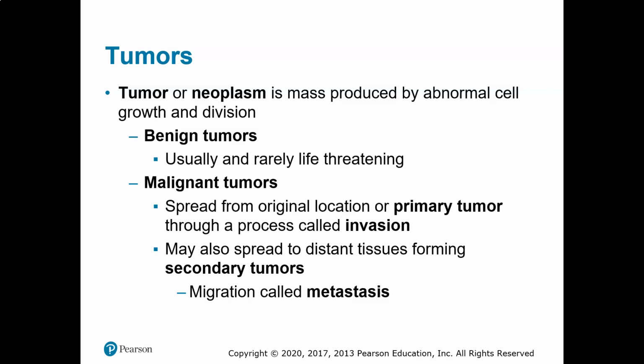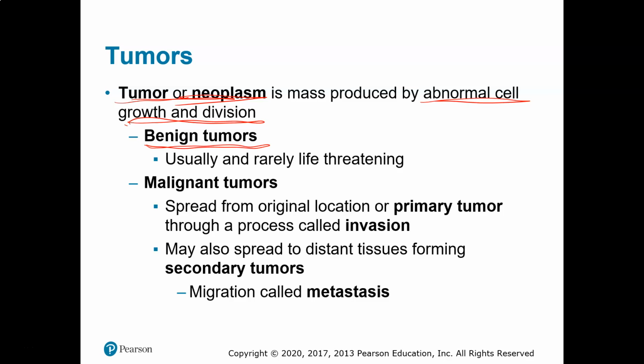Cancer is mitosis which has basically gone out of control. It begins with a tumor or a neoplasm, which is a mass produced by an abnormal cell growth and division, which is abnormal mitosis. If the tumor is benign, then it's not going to spread, and it's usually not life-threatening.